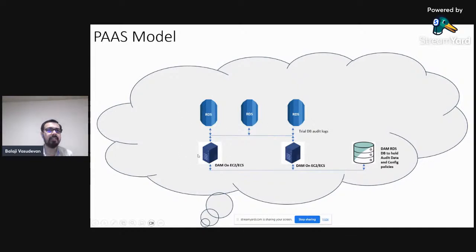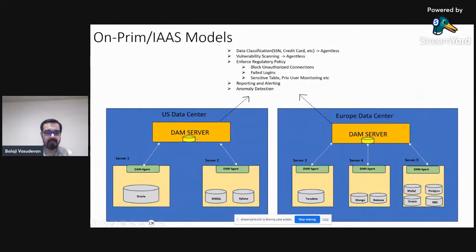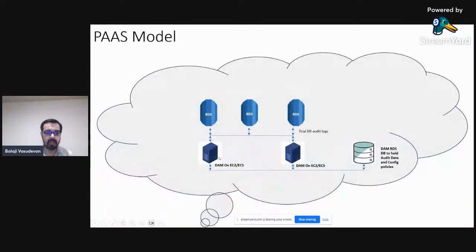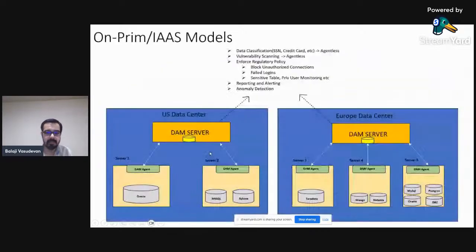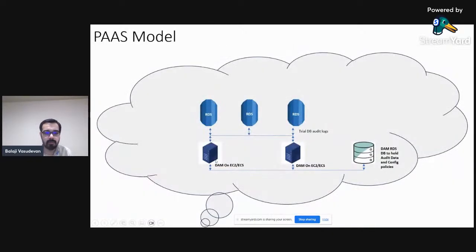And then my DAM server, instead of this physical server having an inbuilt database, what I can do is put this DAM, so these DAMs come within Dockers and Kubernetes. So you can just deploy them with ECS, Fargate kind of thing. And then these are going to be serverless. And the database that resides within the DAM server can also be moved out to an RDS, a DAM database RDS.